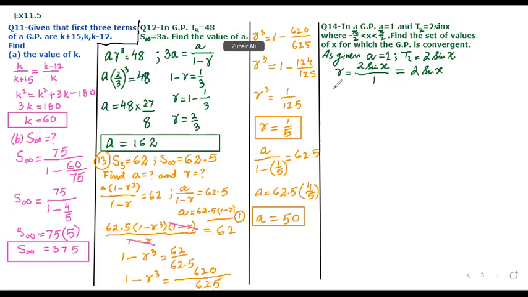So the series is convergent when r is between 1 and minus 1.